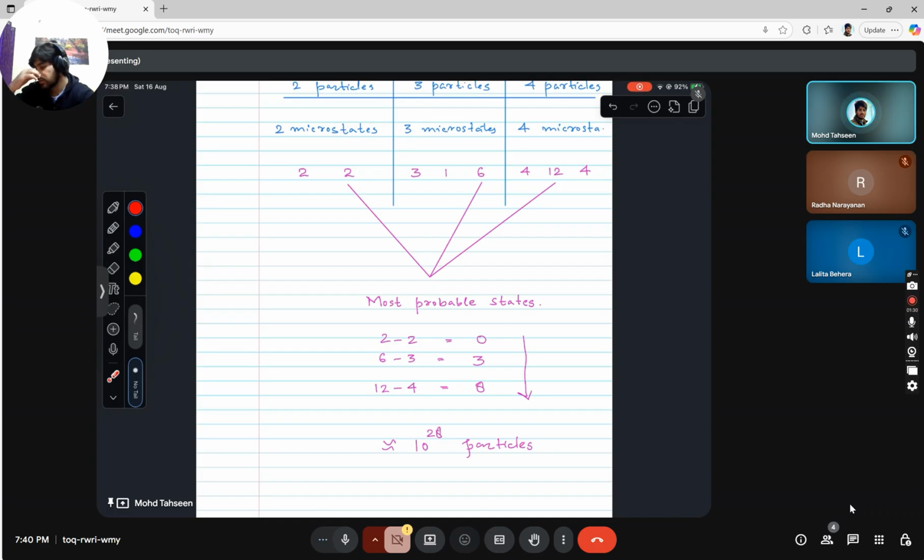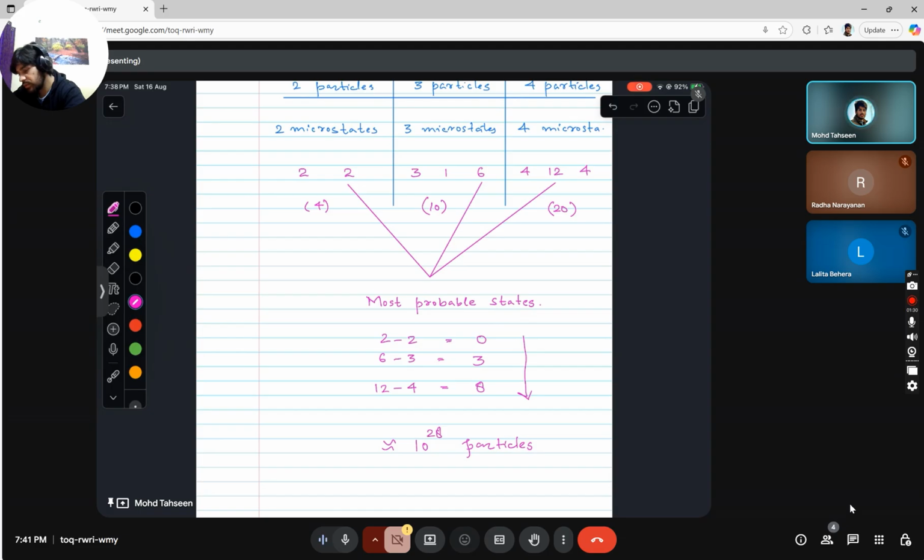What I mean by that is, here there are a total of 10 states possible. Here there are a total of 4 states possible. Here there are a total of 10 states possible. Here the total number of possible states is 20.